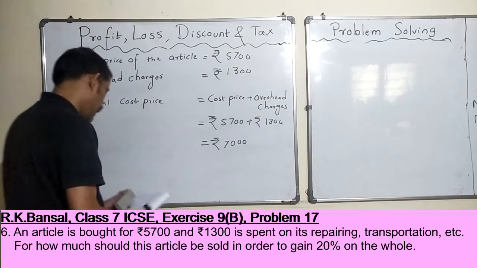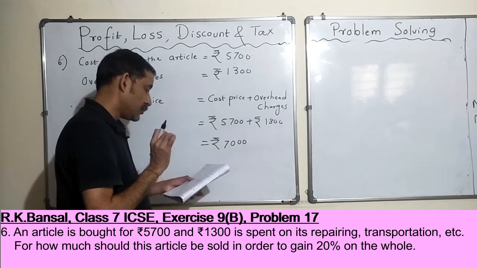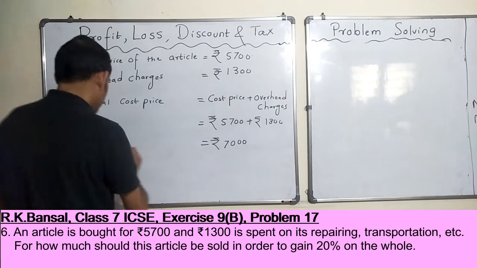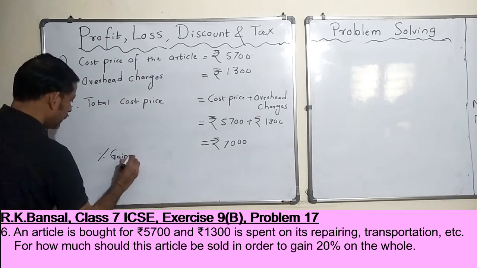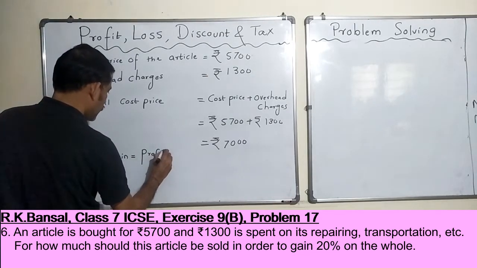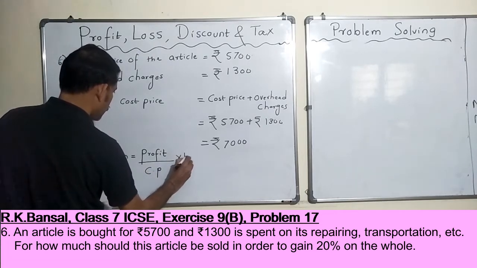Now, for how much should this article be sold in order to gain 20%? So we can write percentage profit or percentage gain is equal to profit by cost price into 100.